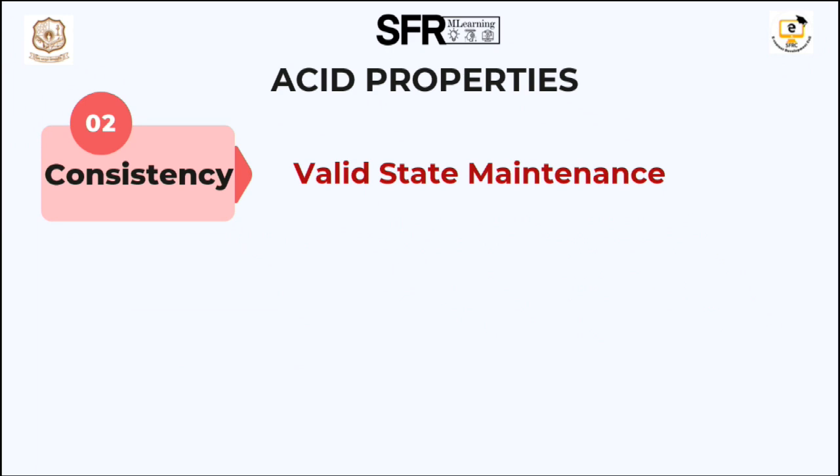A valid state follows all defined rules, constraints and relationships like primary keys, foreign keys, candidate key, super key, etc. If a transaction violates any of these rules, it is rolled back to prevent corrupt or invalid data. If a transaction deducts money from one account but doesn't add it to another in a transfer, it violates consistency.